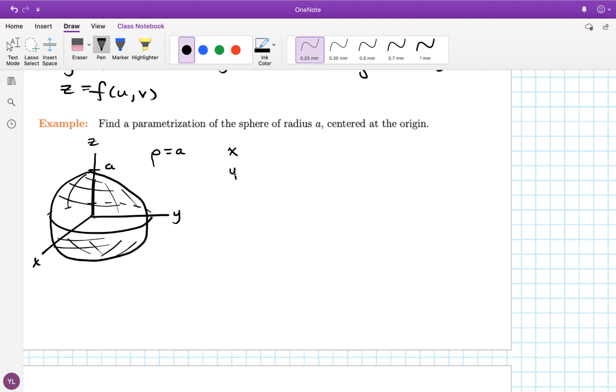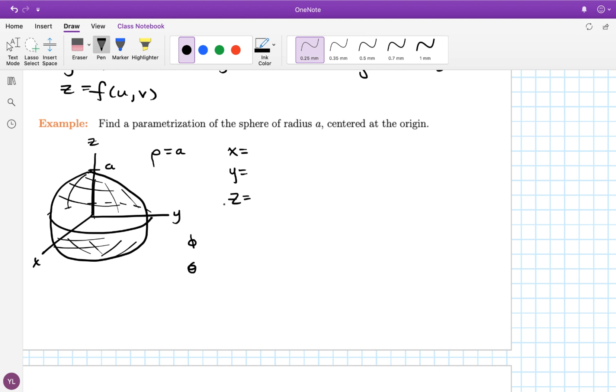So let's remember how spherical coordinates work. You've got the rho variable, and then you've got the theta variable and the phi variable. As I mentioned before, I like to think of the phi variable as the latitude and the theta variable as the longitude. Just living on the surface of the Earth, I know that latitude and longitude is a sufficient coordinate system to locate any point on the globe.